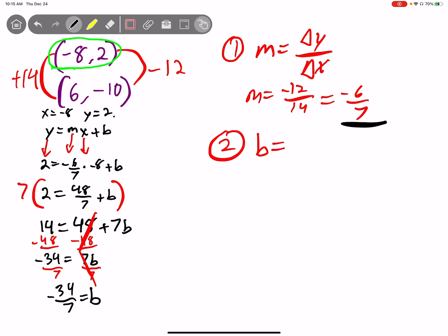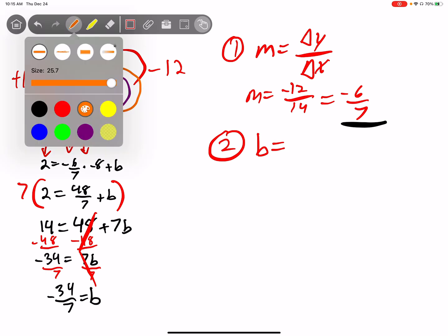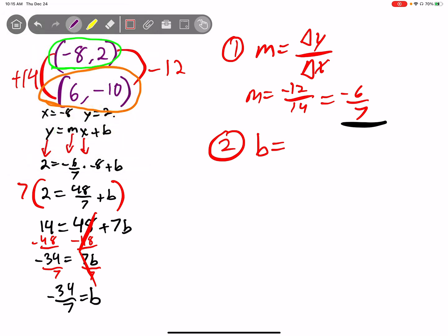Now, if that's the case, it should still work with the other numbers from the other point. So I'm going to prove to you that it doesn't matter which one you chose, you should have gotten the same answer. So let's do this one in purple. Okay, in this case, x equals 6, y equals negative 10.